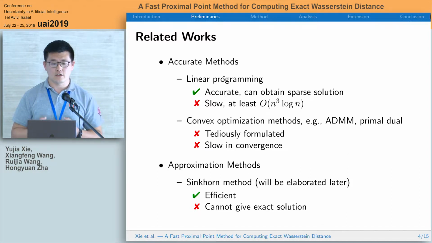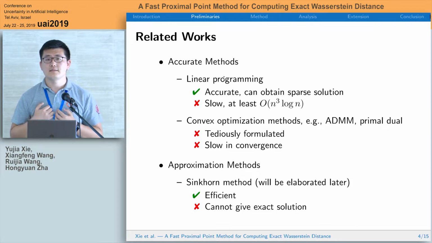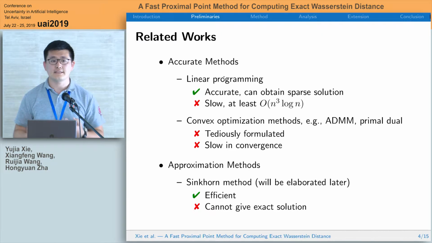Another kind of method, called the approximation method and represented by the Sinkhorn algorithm, is popularly used to compute the optimal transport problem. These approximation methods are computationally efficient, but they cannot give an exact solution. Usually, some regularization terms are added to the original formulation to get a perturbed problem.